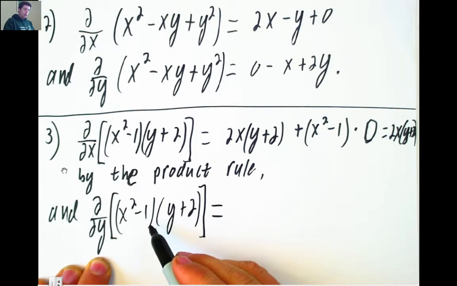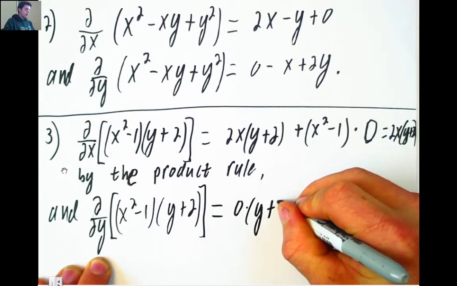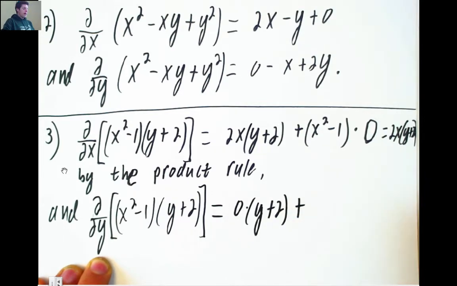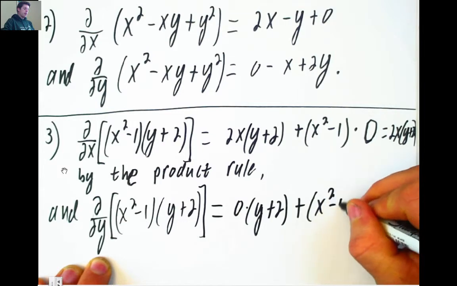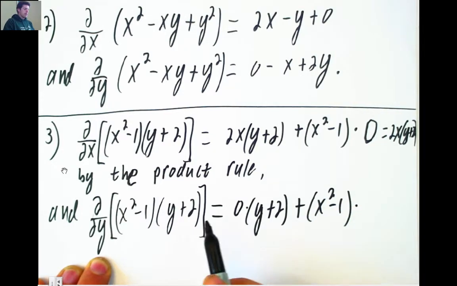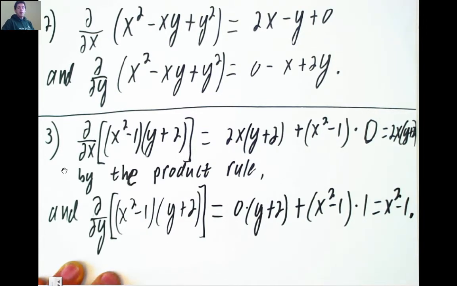Since the first factor only involves x's and numerical constants, that is 0. And I add to that the first factor times the derivative of the second factor with respect to y, the derivative of y plus 2 with respect to y, that is 1. So that is x squared minus 1. Okay, and I could say by the product rule again, but that just doesn't feel like it would help anything.